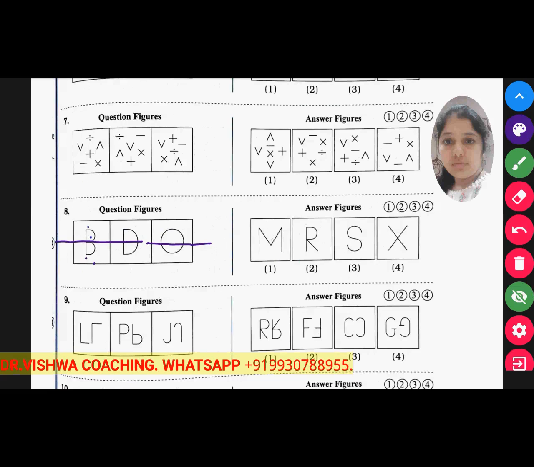Now when you draw a horizontal line, M cannot be divided into 2 equal halves. R also cannot be divided. S, no, because they face the opposite direction, not looking exactly the same. If we divide this X, both the parts look exactly the same. So X is the correct option here.